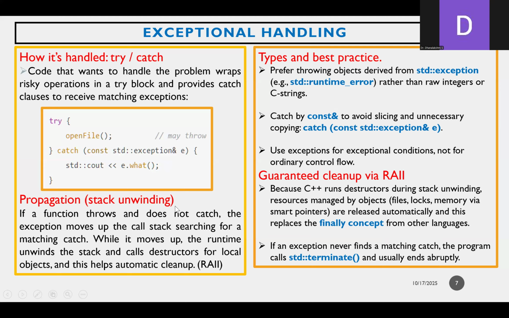I'll repeat: if a function throws an exception but does not catch it, that exception keeps moving up the call stack looking for a matching catch, and the local objects in each function are destroyed automatically. This is the main concept called stack unwinding.